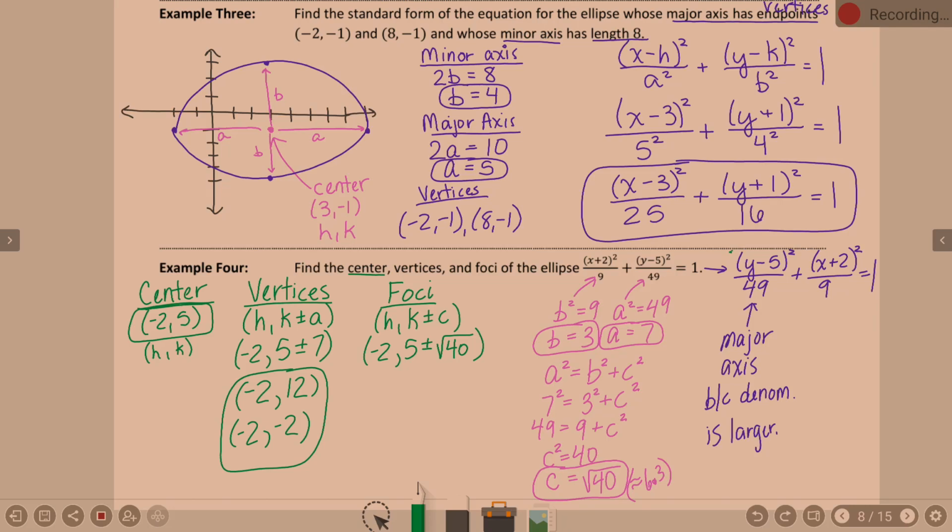No. 5 plus the square root of 40 is 5 plus the square root of 40. 5 minus the square root of 40 is 5 minus the square root of 40. I usually would suggest you just leave it like that. You could give decimal answers. For whatever reason, I have them in my notes also, but I would just leave it.